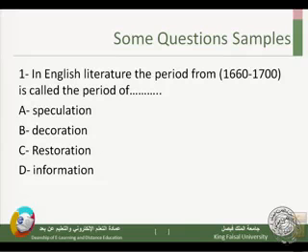Okay, now let's see again some question samples on what we have covered. As you can see on the screen, in English literature, the period from 1660 to 1700 is called the period of.